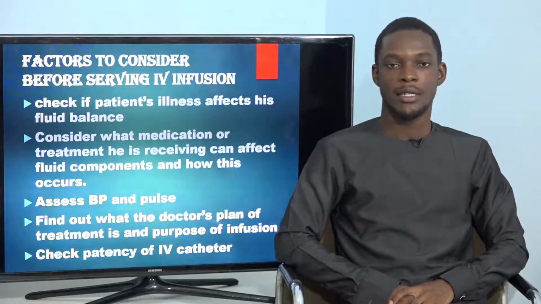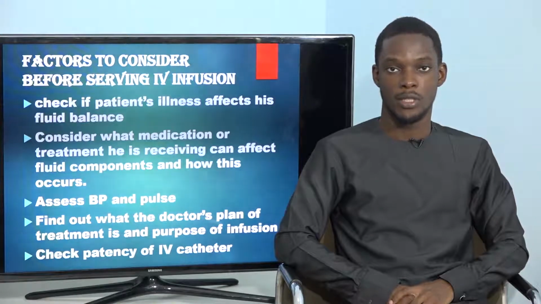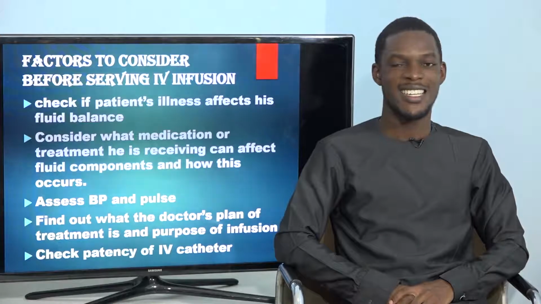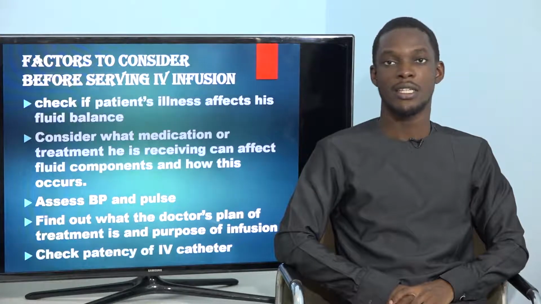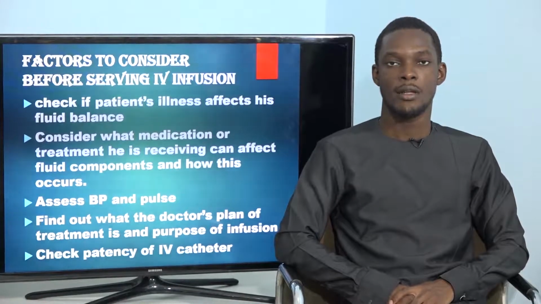Another important step is to check the patient's blood pressure and the pulse before administering any IV infusion whatsoever. Most IV infusions, because they are given directly into the bloodstream, may implicate the patient's pulse and blood pressure.